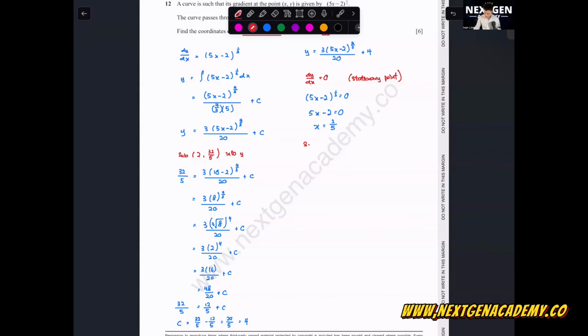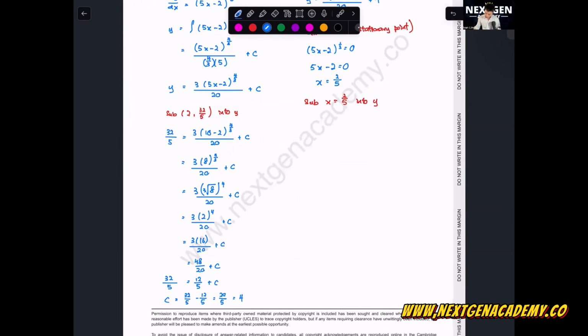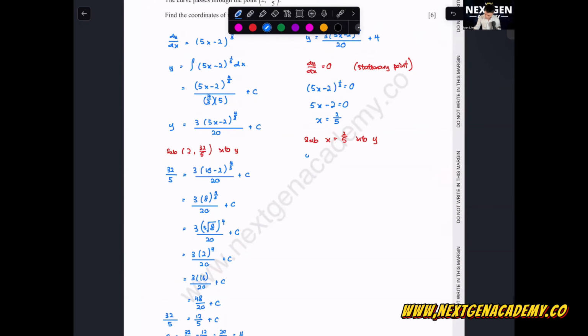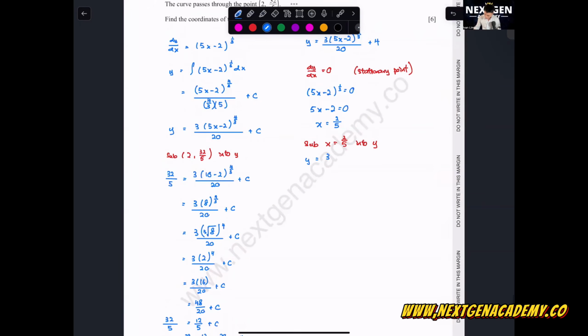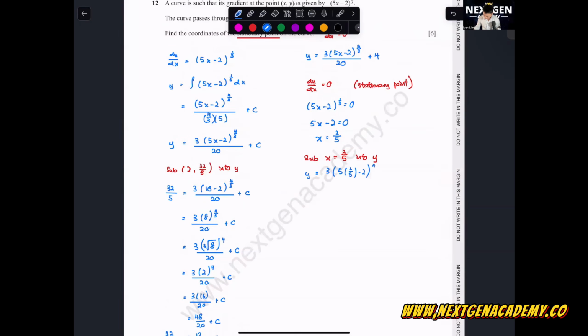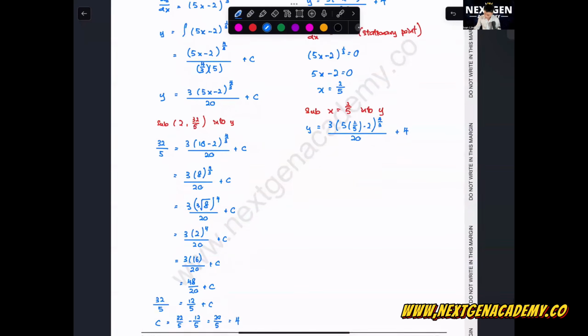Then we are going to sub x equals 2 over 5 into y, because we want to find the y value. So the equation on top, 3 times (5 times 2 over 5 minus 2) to the power of 4 over 3, over 20, plus 4.